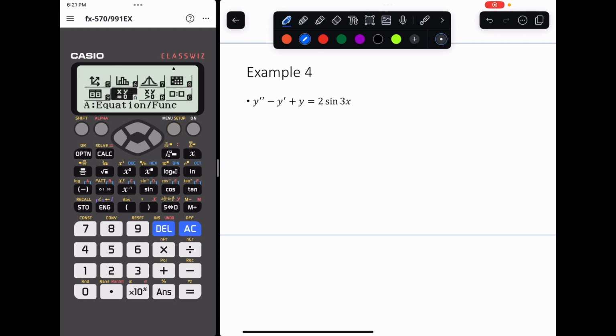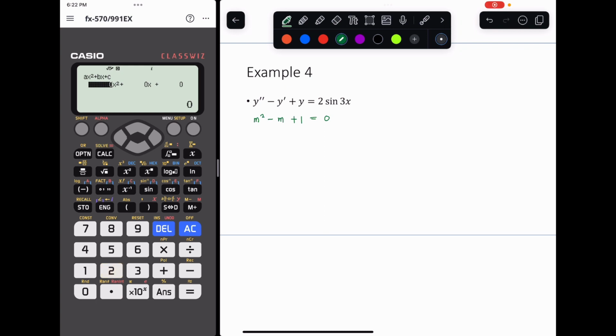So we start with m squared minus m plus 1 is equal to 0. Going back to the polynomial, the degree is 2.